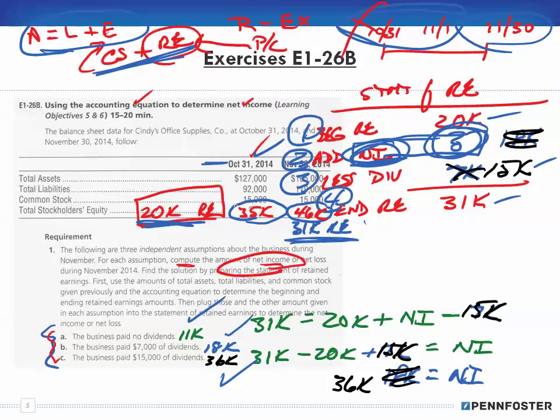But if you are watching this video the first time because you got exercise 1-26B incorrect and you want to see how it's done, hopefully you understand the underlying concepts and the relationships. If not, then my suggestion is to go back to those introductory videos and watch those in order to pick up on the concepts that you missed.